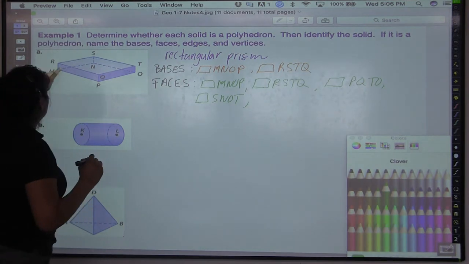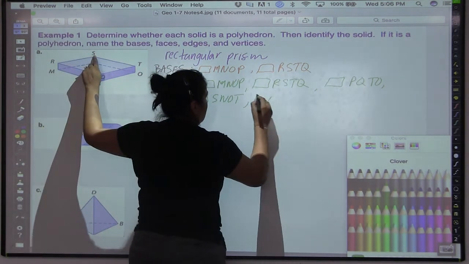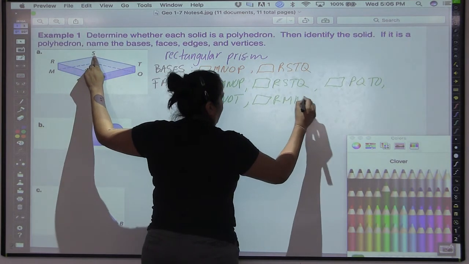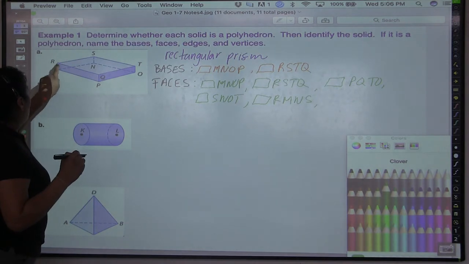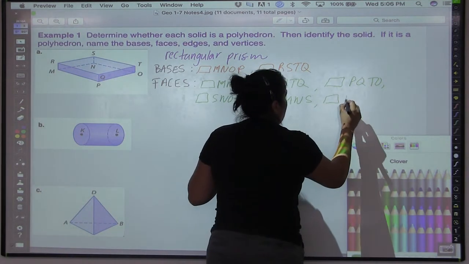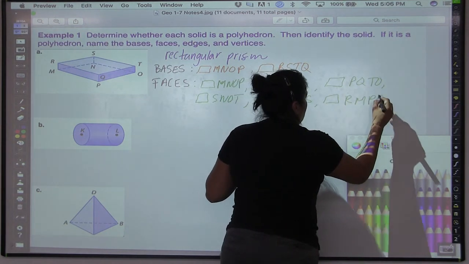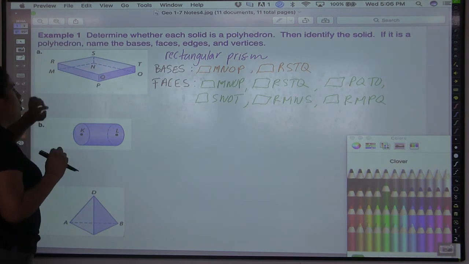And then we're going to go to this back one, R, M, N, S. And then finally this side one here, we're going to call that R, M, P, Q.